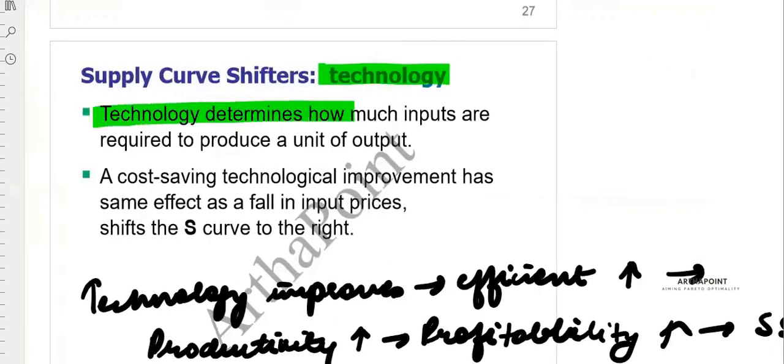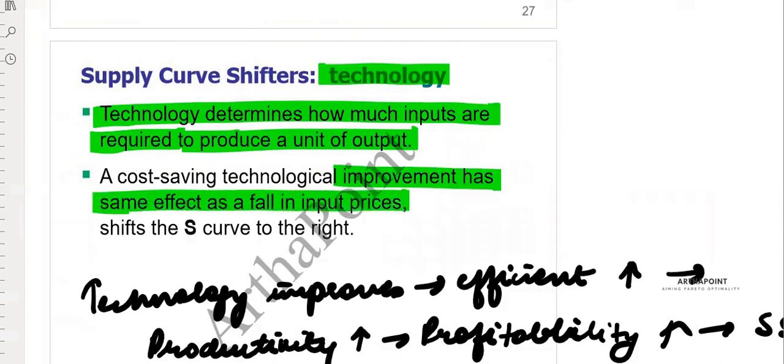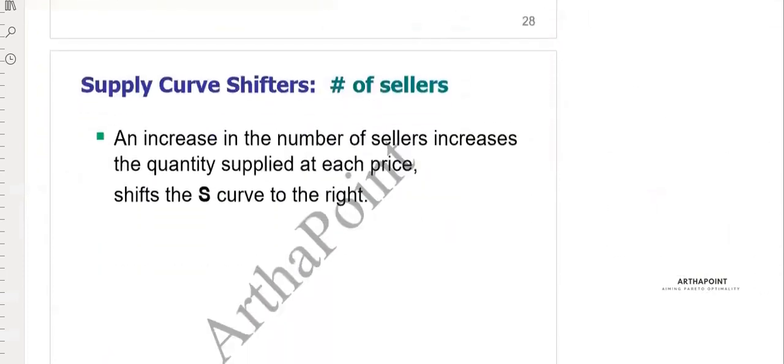So technology determines how much input is required to produce 1 unit of output. A cost-saving technology, whenever you use a technology which helps you save your cost, which helps you become more efficient, basically has the same effect as a fall in the input prices. So it shifts the supply curve to the right.